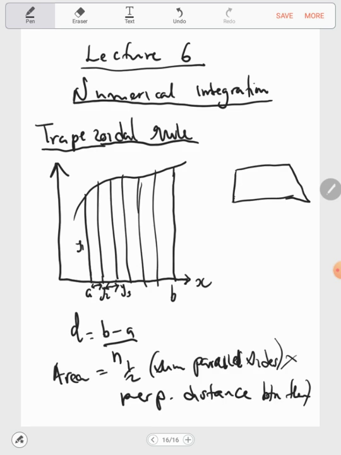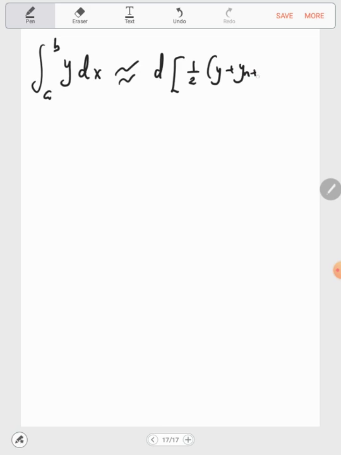In a formula, the integral from A to B of y dx is approximately given by D open brackets half y1 plus yn plus 1, the last one, plus y2 plus y3 plus up to yn.